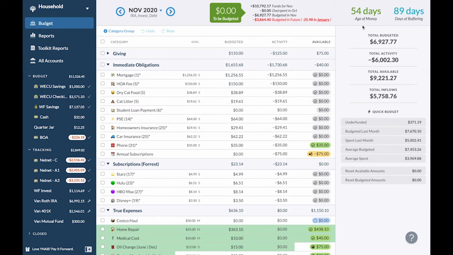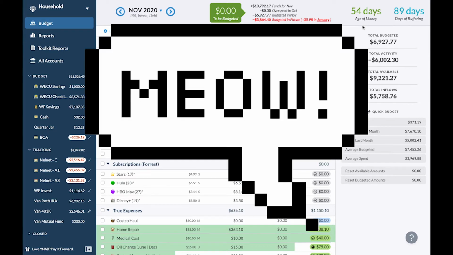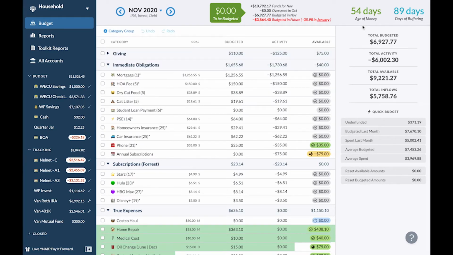Age of money is something generated by YNAB. It's kind of hard to explain. They explain it so many times, but of your last 10 cash transactions, it's asking how long have those dollars been in your account, assuming that you're spending the oldest dollars, the money that you earned the longest ago, versus new money that you just got with this new paycheck.